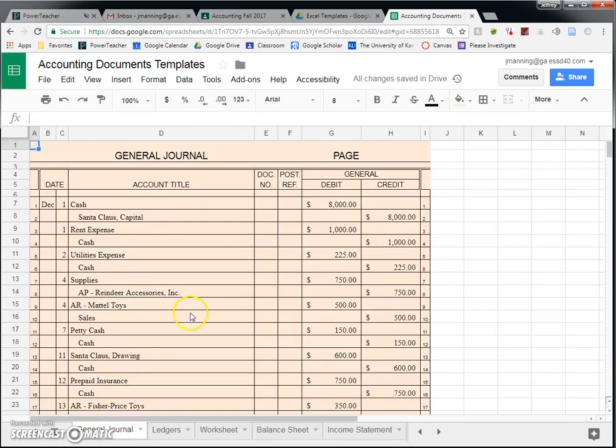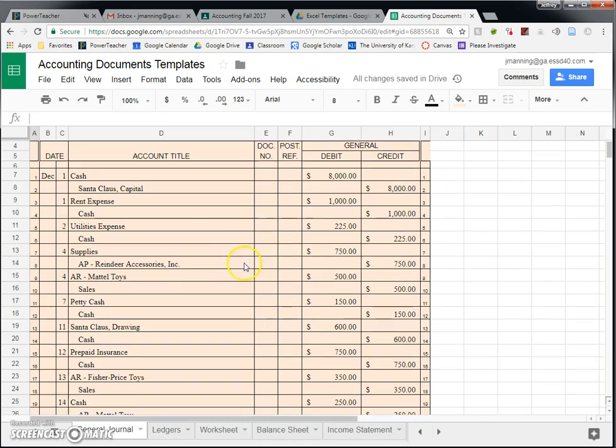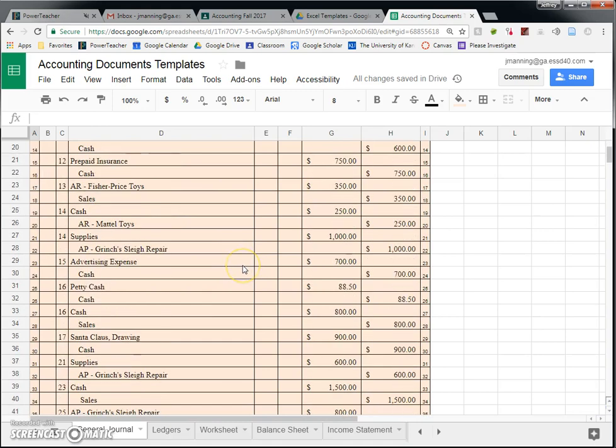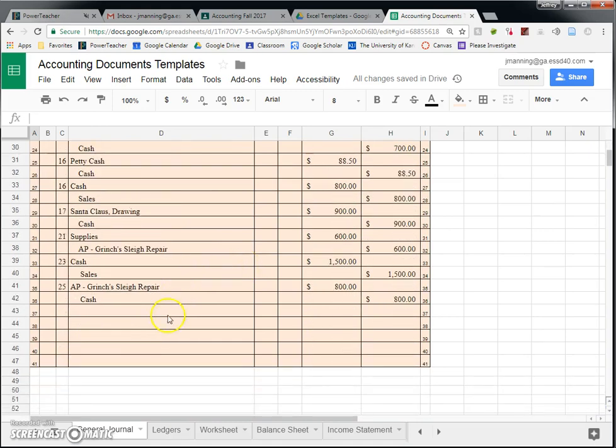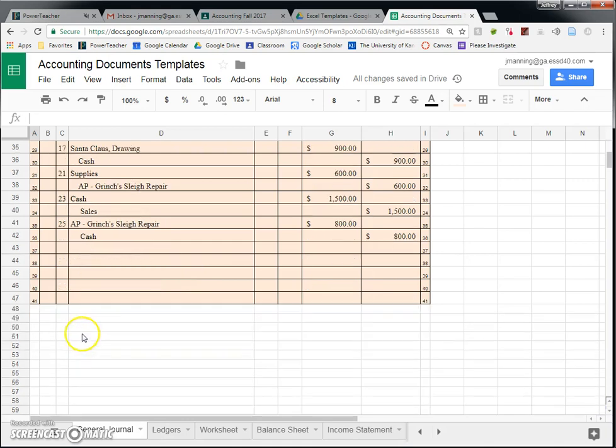Alright, so on the general journal, there really isn't a whole lot of Google Sheets math stuff that you can do to improve this process. Whenever you are recording transactions, you just have to record them. One thing you may want to do, and this is 100% optional, is at the bottom of the general journal, you could create an area for totals.